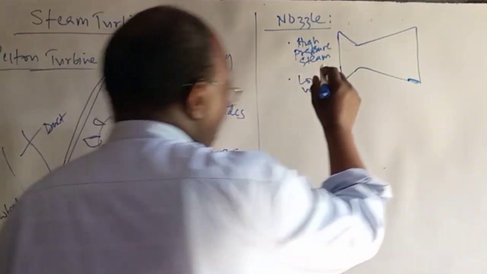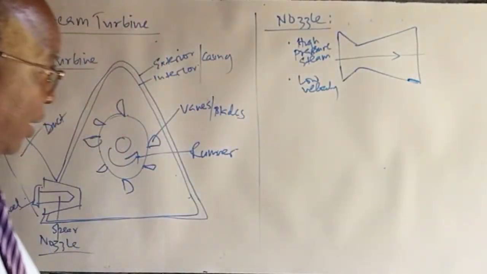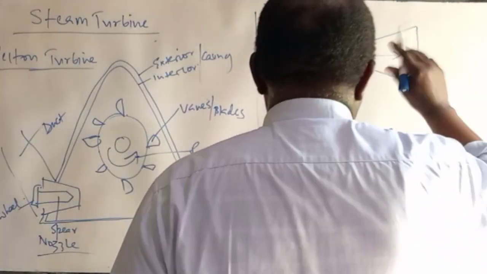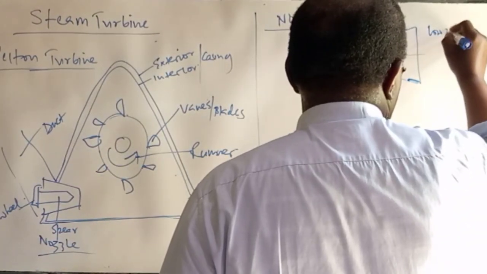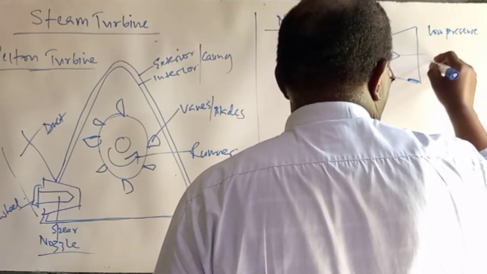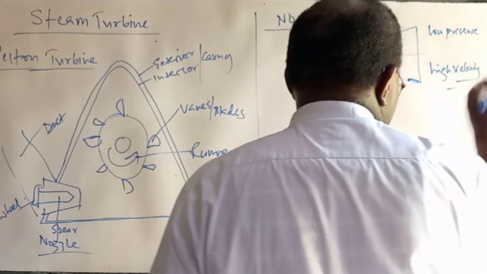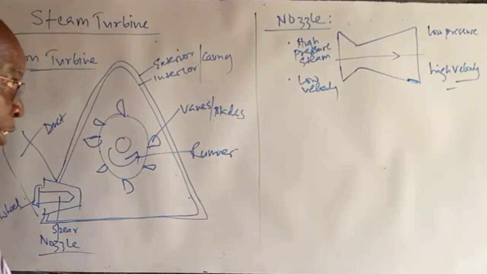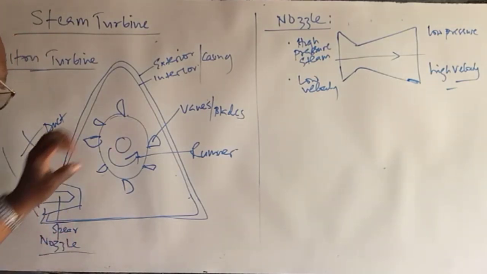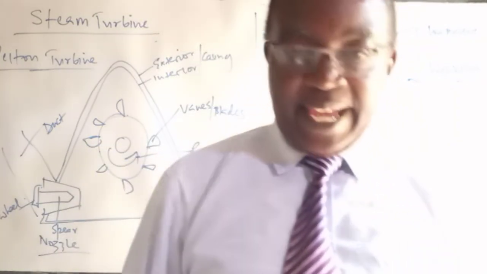Now, when it goes through the activity of this nozzle, whose cross-sectional area varies, it can be a divergent or convergent nozzle, we end up with low pressure. But now high velocity. So we have this high velocity steam jet, which actually will impact on the vanes or the blades on our runner there.